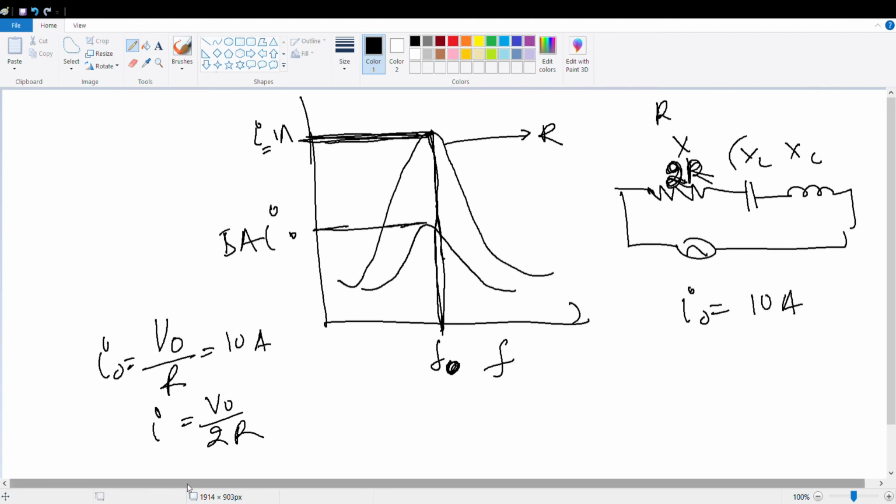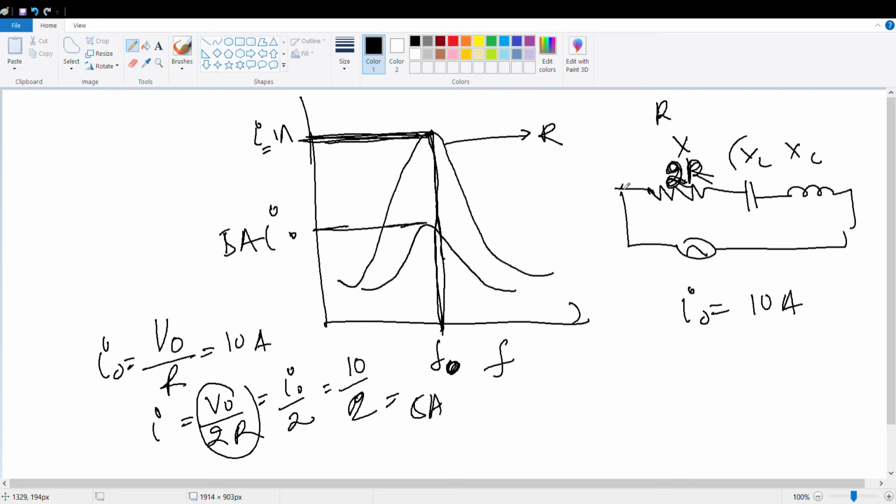When this is 2R, it becomes I naught by 2. That means 10 ampere by 2, that is 5 ampere. So if I increase the resistance, the current is decreasing. That is why we made it like this.